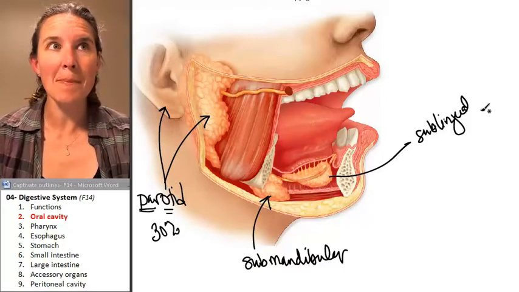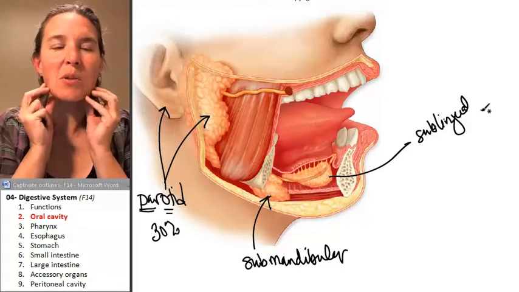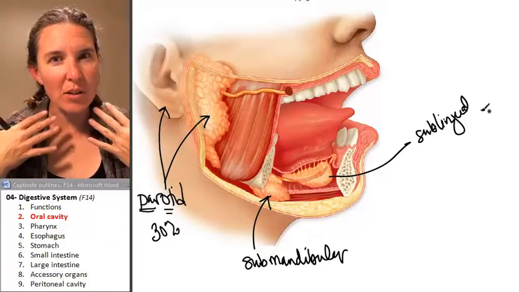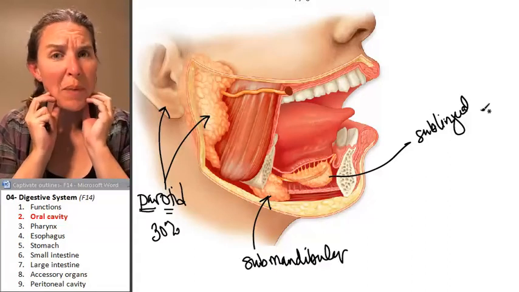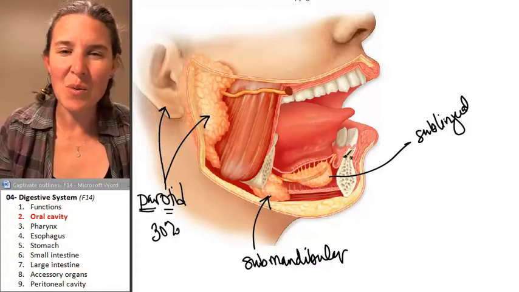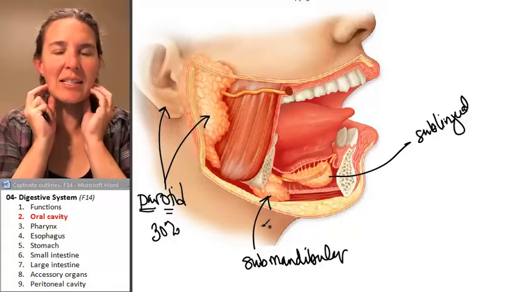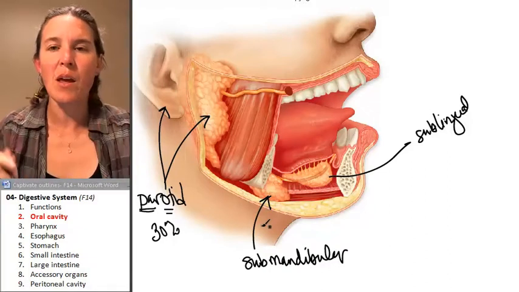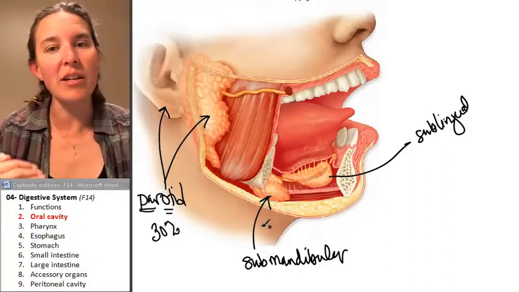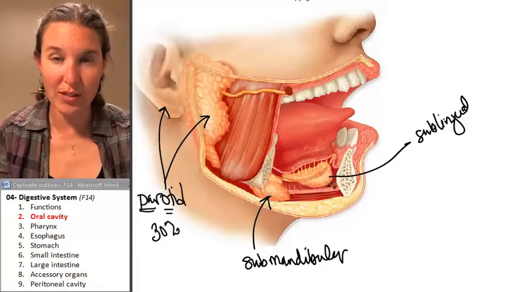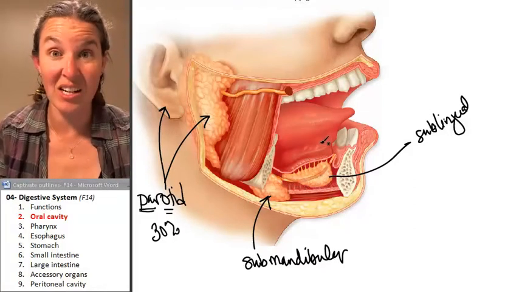Submandibular, below the mandible. The mandible is your lower jaw. So your submandibular gland is going to be closer to your mandible. Even though this is part of your mandible, my brain is like, yeah, I can see submandibular back here. Sublingual is underneath your tongue, and that totally works for me. Look at how much closer the sublingual gland is to your tongue.